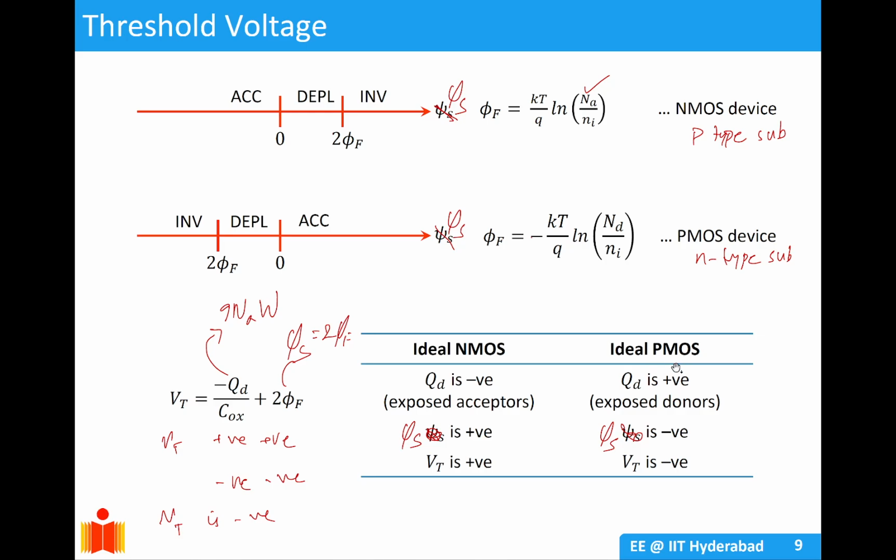Whereas in the ideal PMOS case, your Qd is positive because of depletion of electrons. Your surface potential is negative, hence Vt will be negative when you put everything here. For ideal NMOS, Vt is positive. Ideal PMOS, Vt is negative.